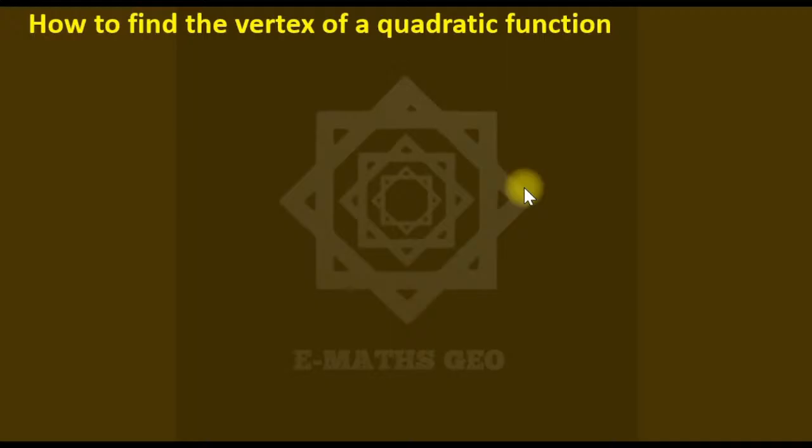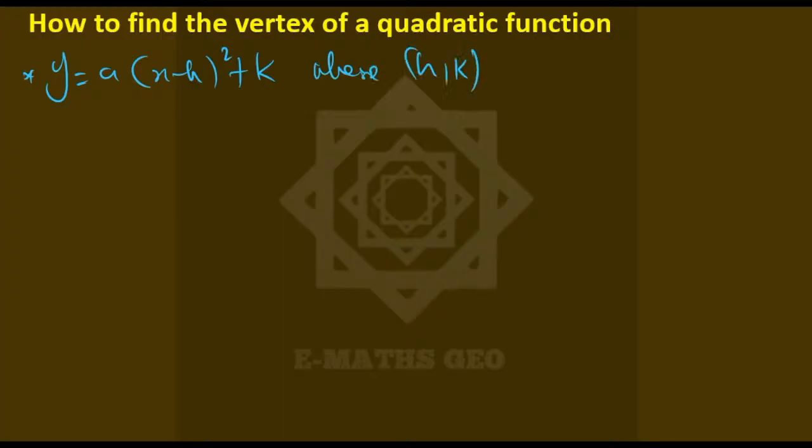We want to learn how to find the vertex of a quadratic function. If you remember, I told you a quadratic function could be written in terms of the vertex, y equals a times x minus h all squared plus k, where h comma k is the coordinate of the vertex.